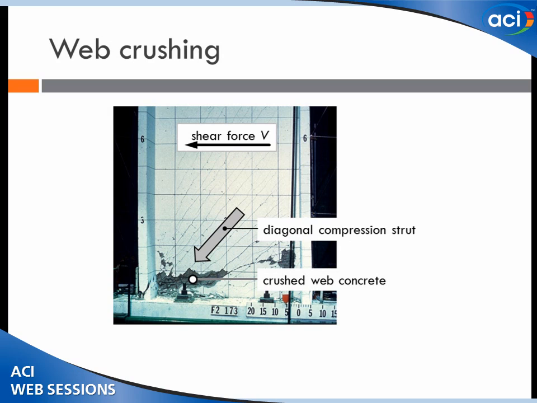The web crushing was identified as being a function of the shear that the wall is carrying, as well as a function of the deformation demands. And as the wall has increasing deformation, the effective strength of this compression zone decreases.